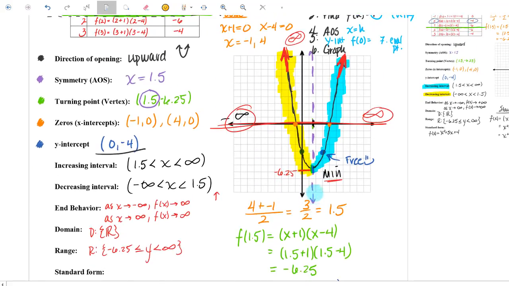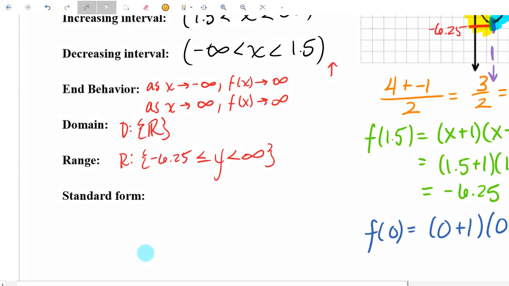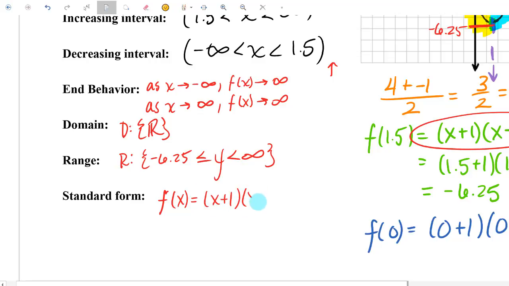Something that we should address here is, can we put this back into standard form? We did this in the first section of notes, but we haven't done it on this one. So let's take a second and put this into standard form. We're going to steal our function right here, so we get f of x equals x plus 1 times the linear factor of x minus 4. To get this into standard form, we need to have x squared. It needs to be multiplied out. We need to see all the terms.